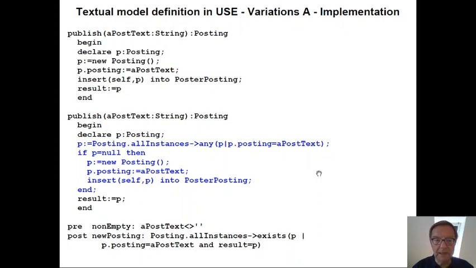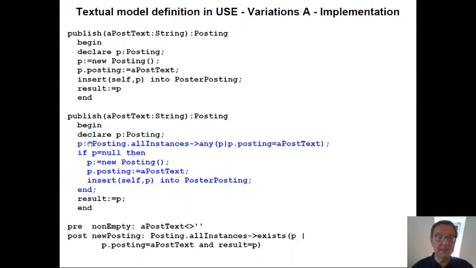What I'm doing here is checking whether the parameter post text is already present in the existing postings. So I'm retrieving any posting p such that p.posting is equal to the parameter text.